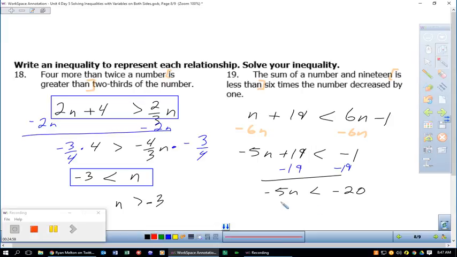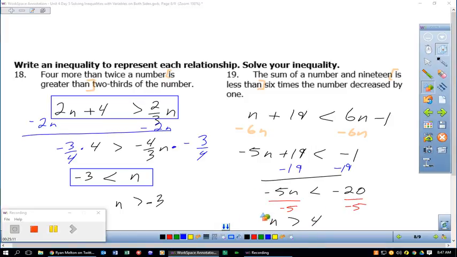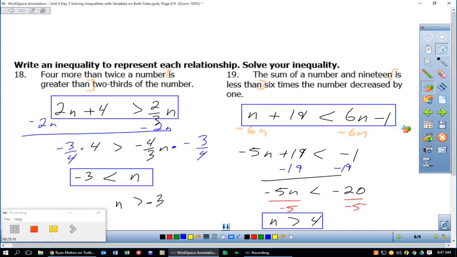And then divide by negative 5. We're going to flip it, yes. So n is greater than positive 4. Now, again, the two things I'm looking for whenever you have a problem like this is the actual inequality that you write and then the answer.